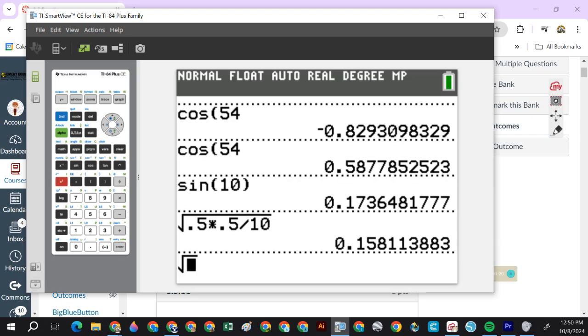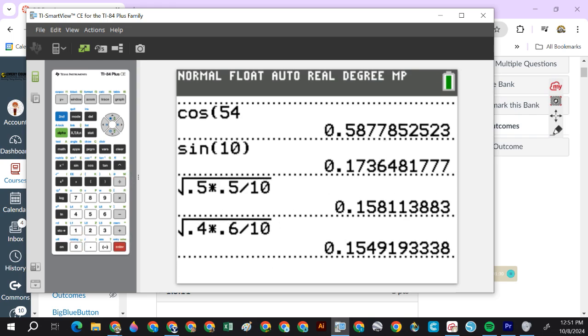If I do that again, if my pi is 0.4, what is the other piece? 0.6, and then we divide that by 10. And what happened? My standard deviation got smaller.